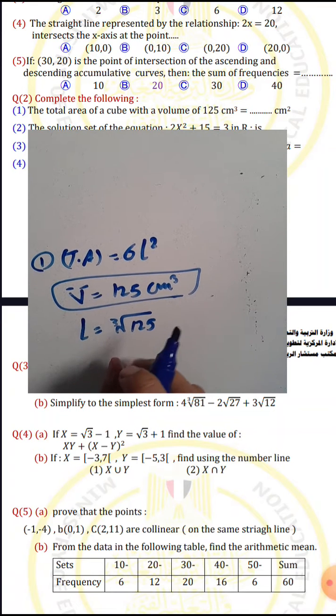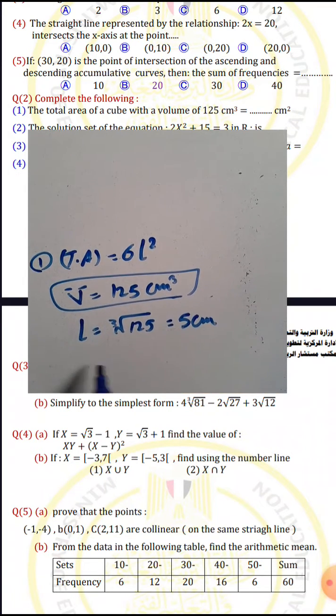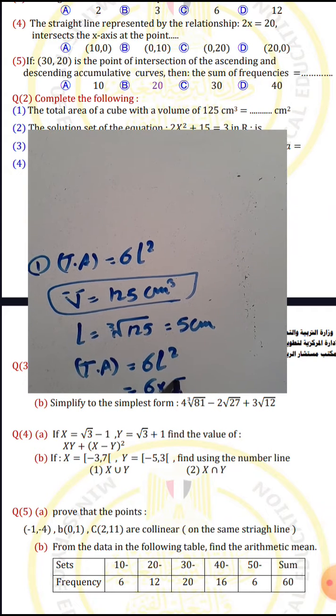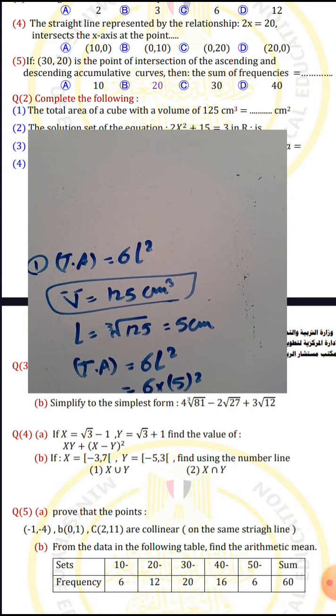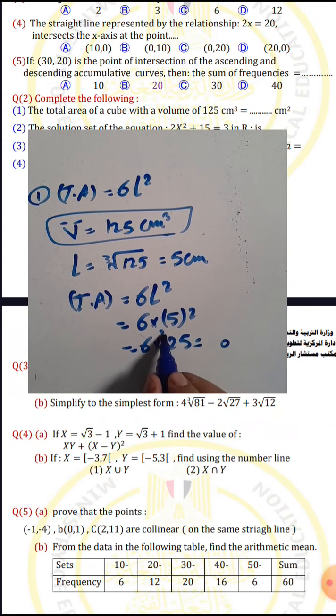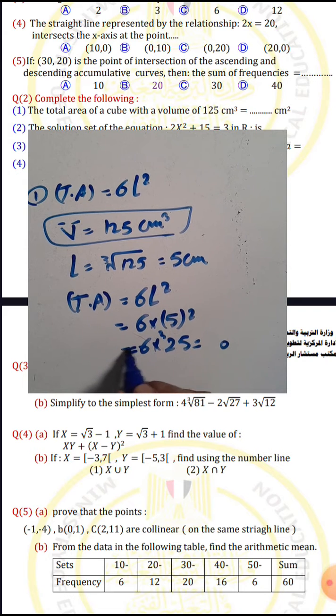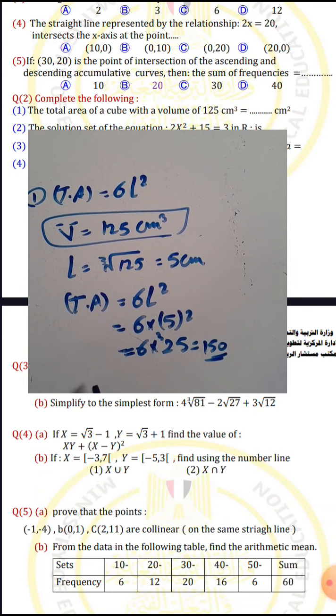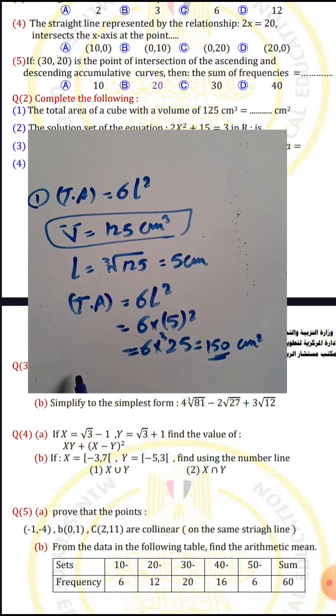Then the length, cubic root of 125, will be 5 centimeters. Then the total area equals 6 times L power 2, with L being 5, so 6 times 5 power 2, which is 6 times 25. 5 times 6 equals 30, write 0 and carry 3. 2 times 6 equals 12, plus 3 equals 15. The result will be 150 square centimeters.